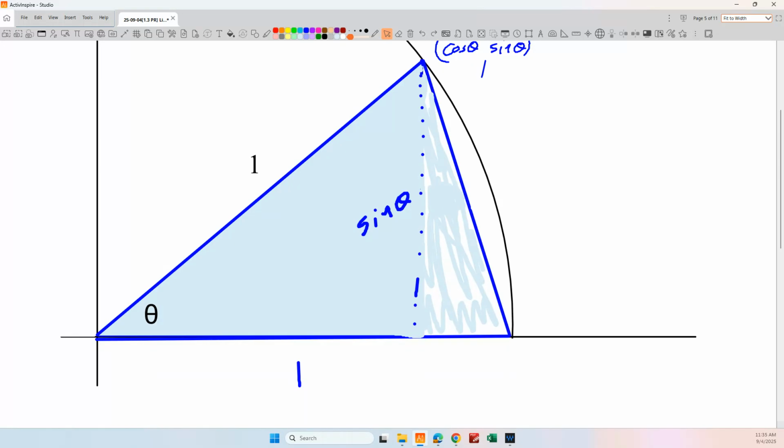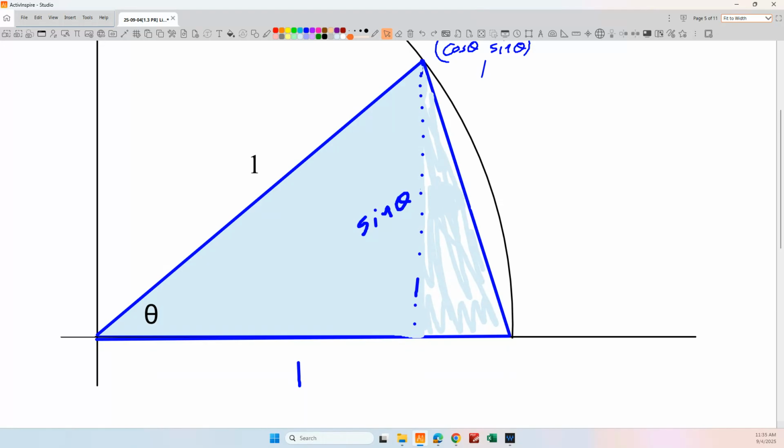The hypotenuse is going to be the radius of the circle, which is 1, and the x-axis. So agreed that for this isosceles triangle, the lengths of both of those legs are 1 because they are radii of the circle, right?